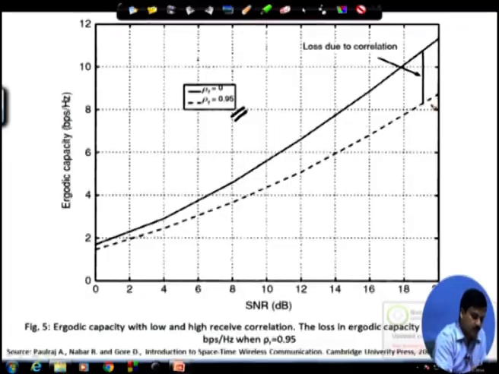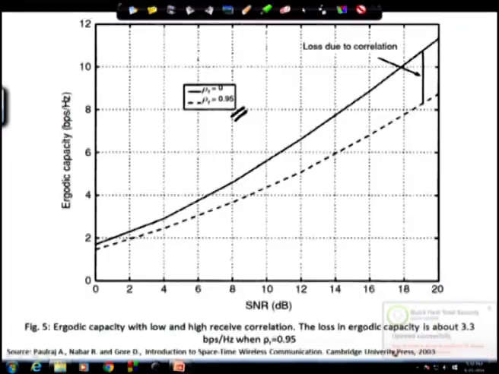This is from the book Introduction to Space-Time Wireless Communications by Paulraj, Nabar and Gore from Cambridge University. So I have taken this picture from that particular book. One could generate these results also. So there is a loss which is indicated by this particular line.